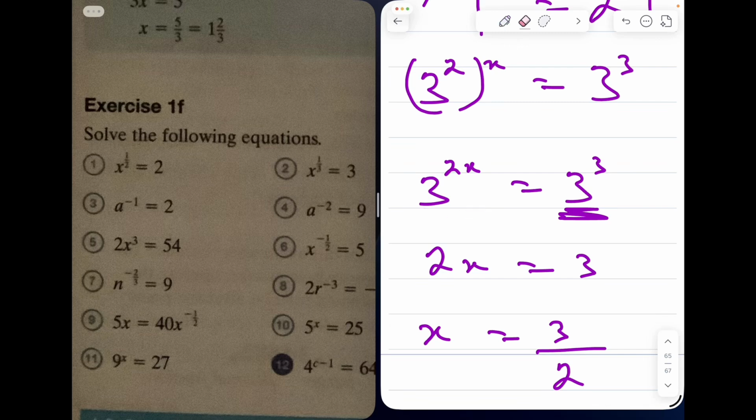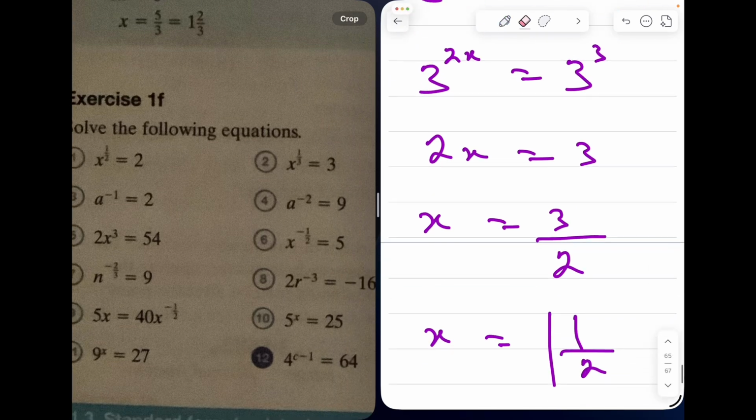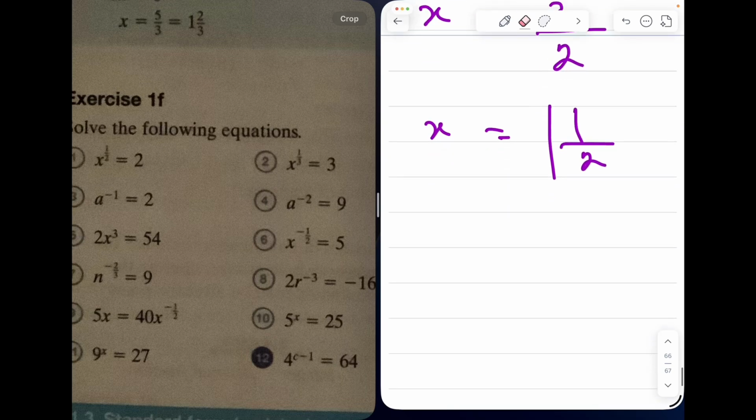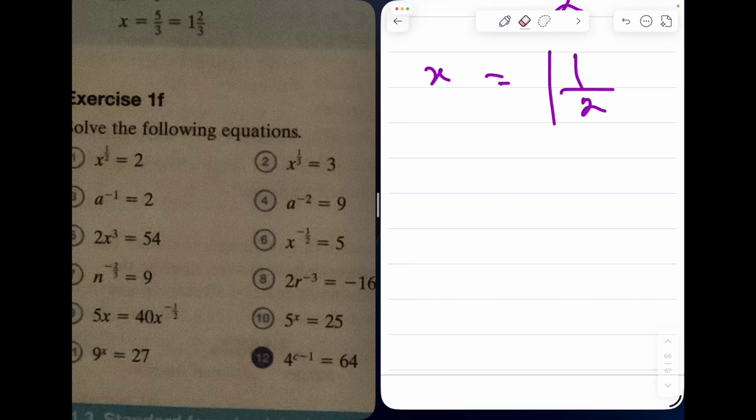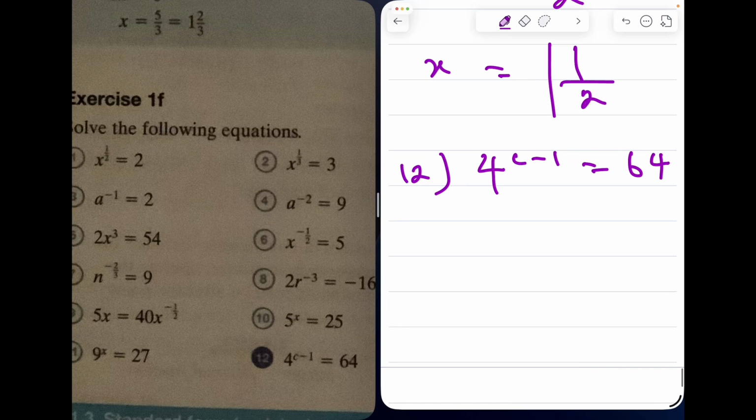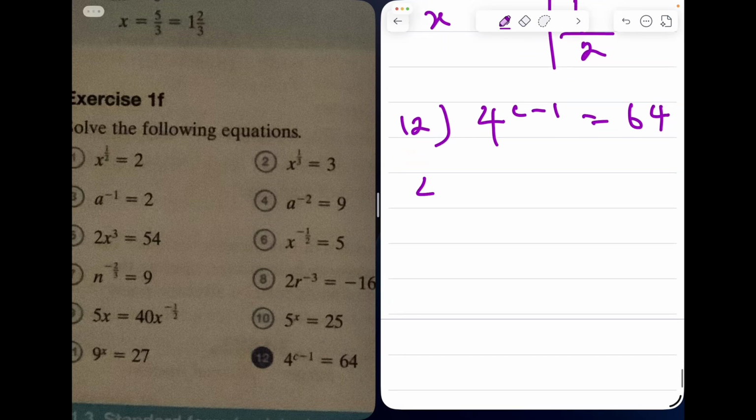And now to the next one. The next one is number 12. 4 raised to the power c minus 1 equals 64. I can write 64 as a power of 4, and that's what I'm going to do.